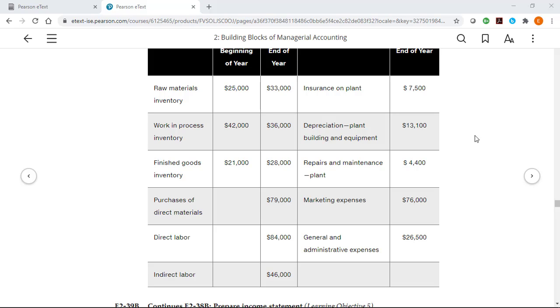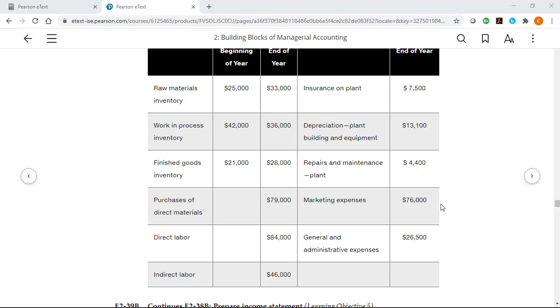Looking at these costs, insurance on the plant, that's going to be in the factory, so that's definitely a cost that we want to include because it's in the factory. Depreciation on the factory equipment, the plant equipment, that's definitely going to be included. Repairs and maintenance, that's going to be included. Marketing is not, that's a period cost. That is not a manufacturing overhead. General and administrative cost, that is not in the factory. That's an administrative cost. Leave these out.